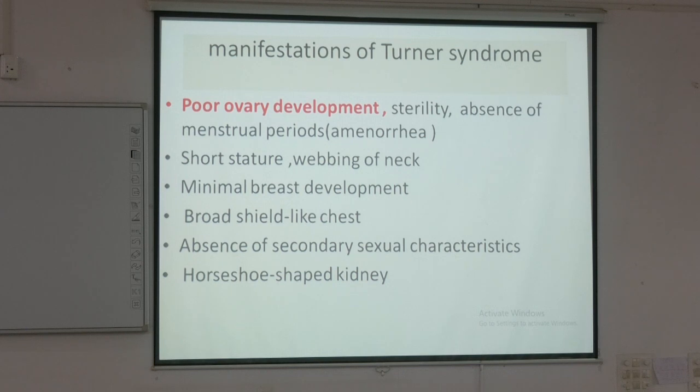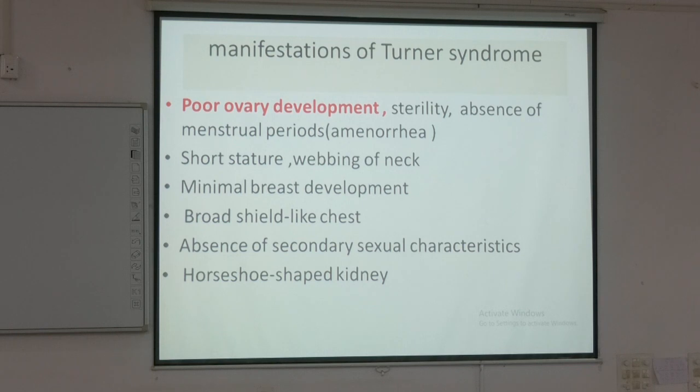They have external female genitalia that are poorly developed. Their sexual characteristics are poorly developed, and they may have an association with kidney disease. We call it horseshoe-shaped kidney. We'll talk about what horseshoe-shaped kidney is, when you have a developmental error of this chromosome.